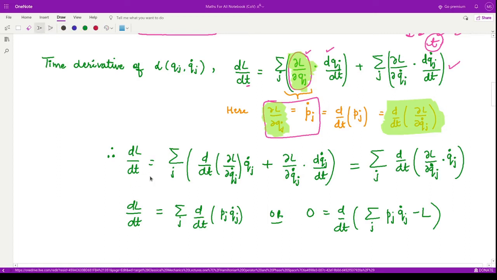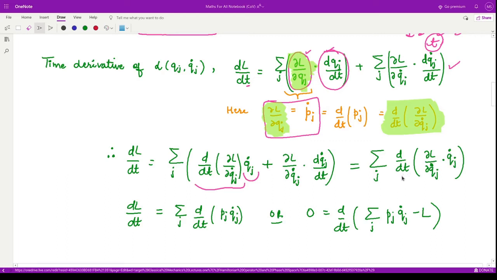We have del L by del t as such, and the summation as such. The value of this term now becomes d by dt of del L by del qj dot, and the other term we can write as the derivative of qj, that is qj dot, and the second term as such. Now can we club these terms? Yes, we can club the whole term as the product of del L by del qj dot into qj dot and take its derivative.